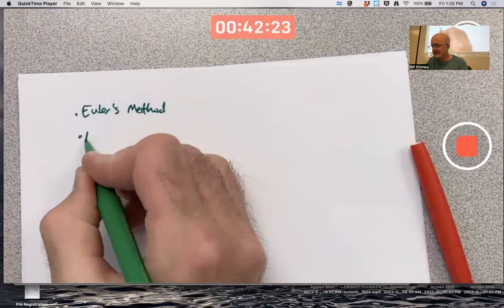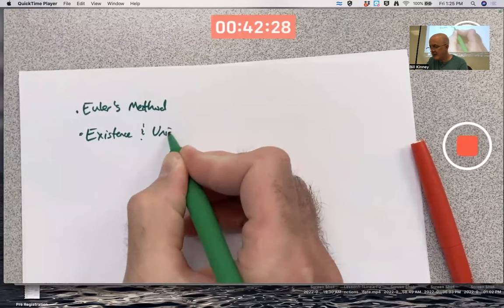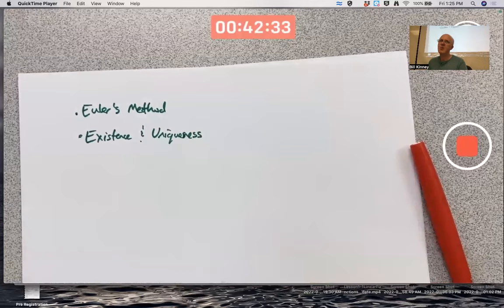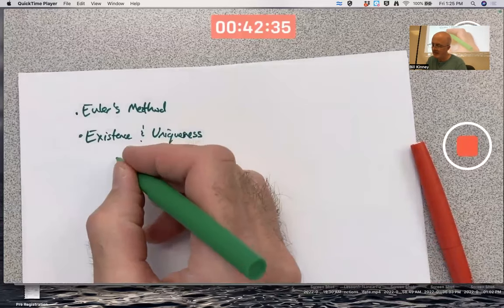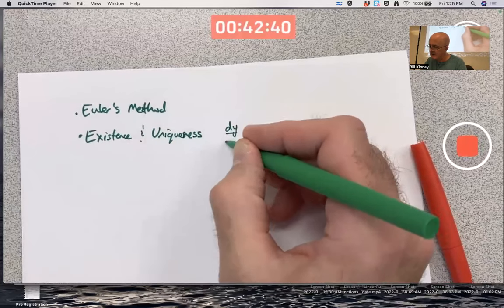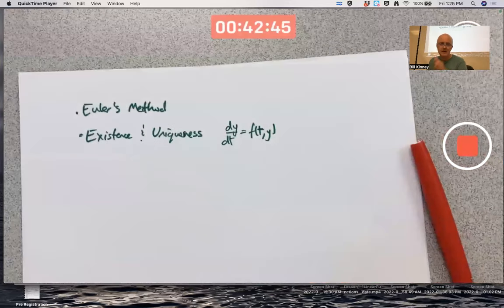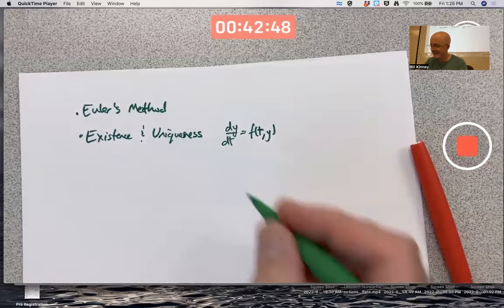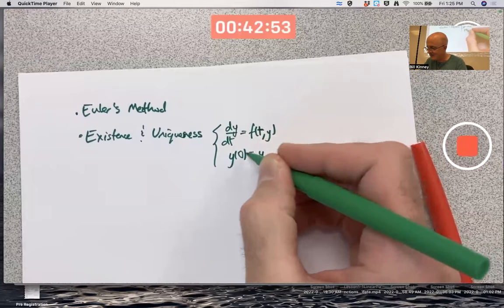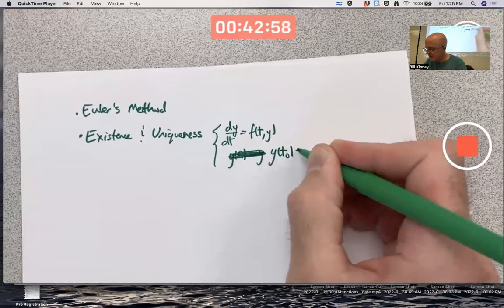Existence and uniqueness is some theory that comes up in section 1.5. The most important thing to realize is that if the right-hand side function is nice, okay, let's write the initial condition more generically: y of t0 equals y0.